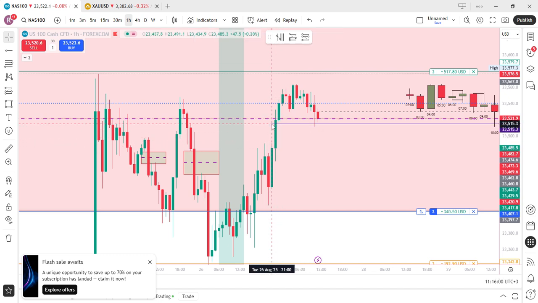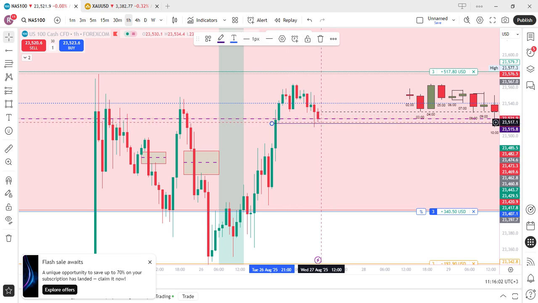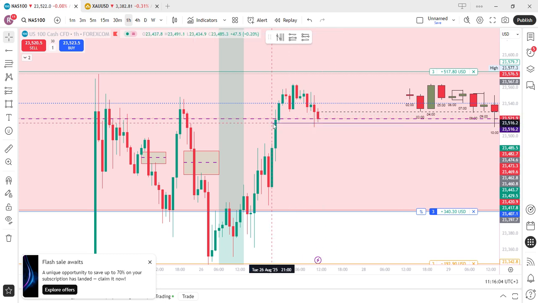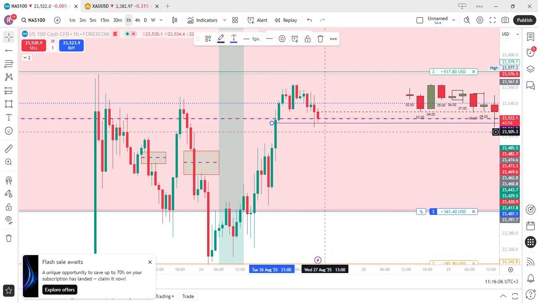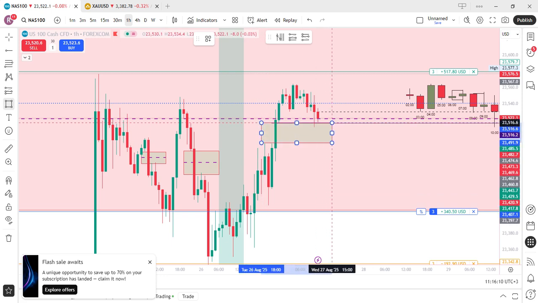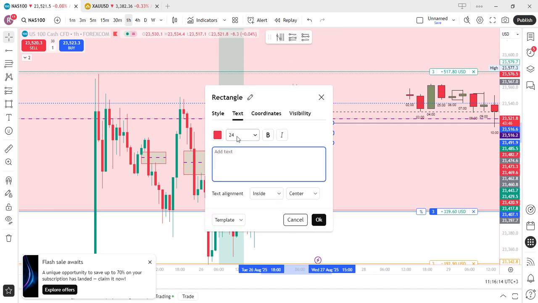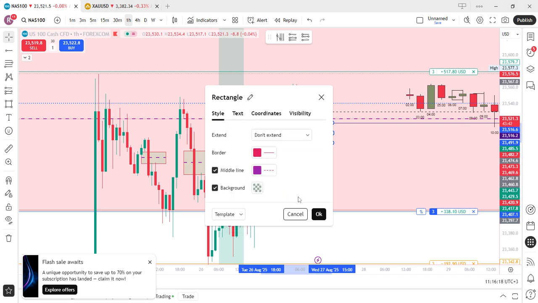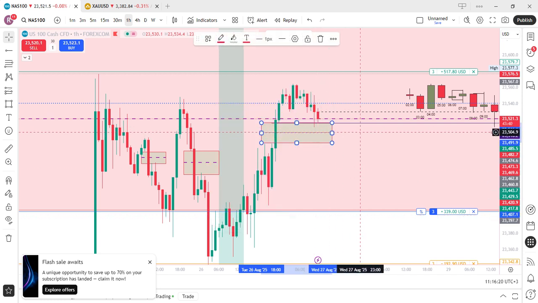I would like price to come, just like it just did, tap there, then go back up, within the consequent encroachment of that fair value gap. Price might want to tap in there before we proceed higher.